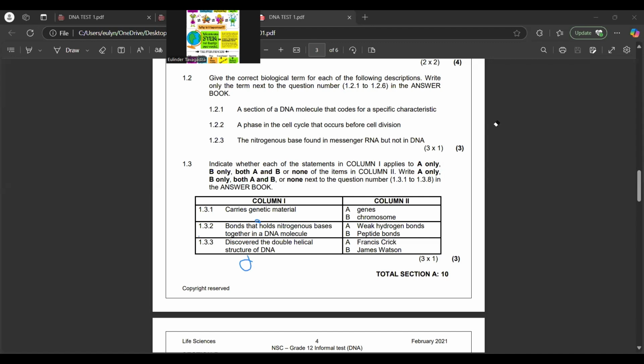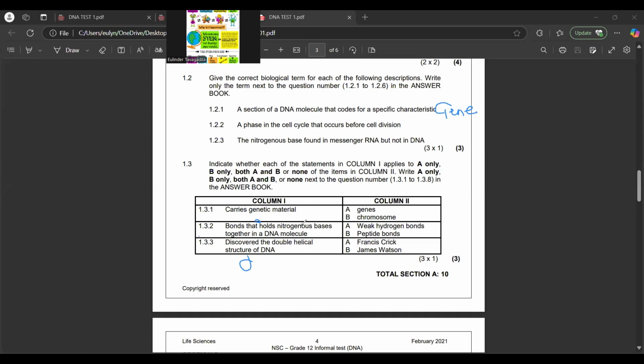What do we have here? We have a gene. That's a gene.